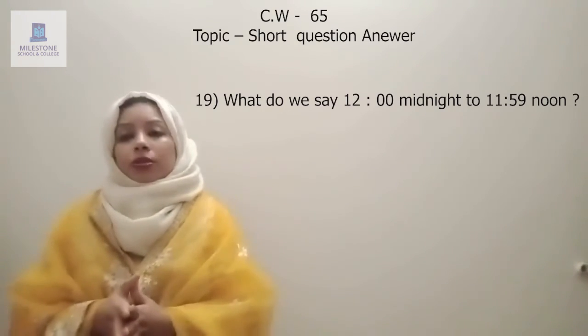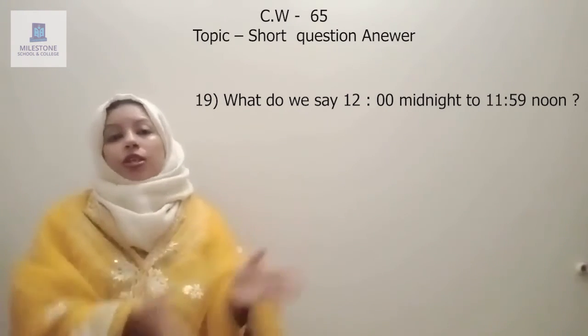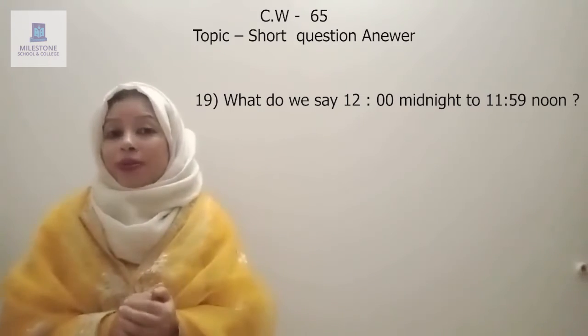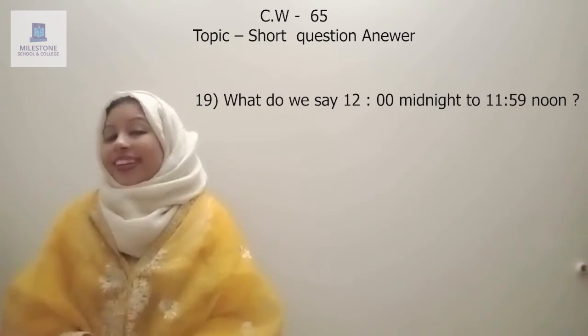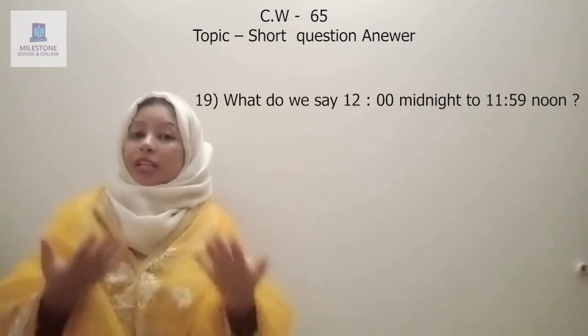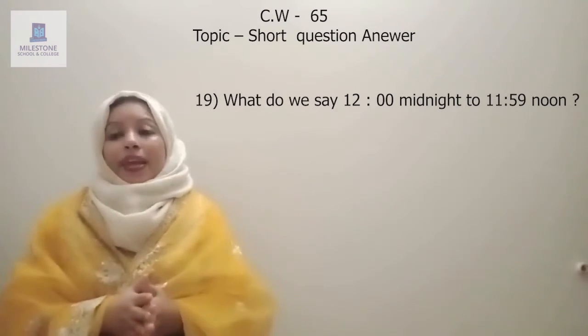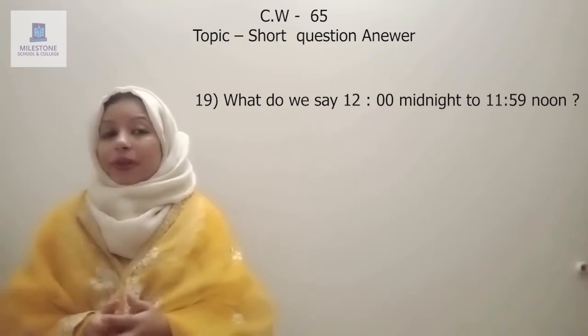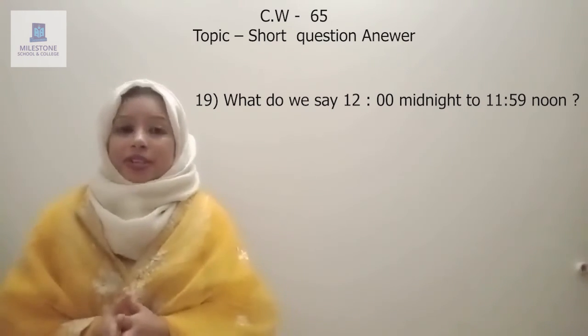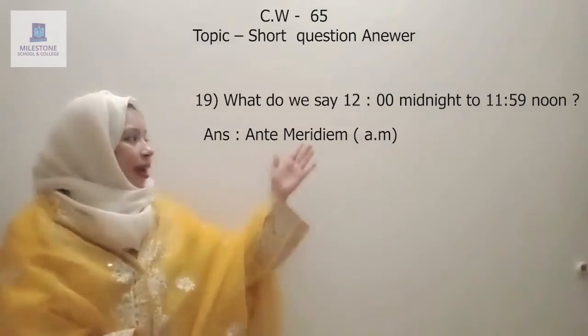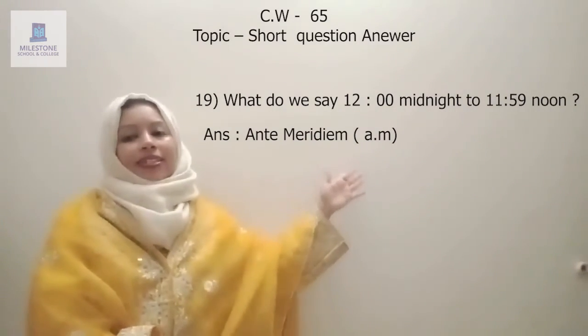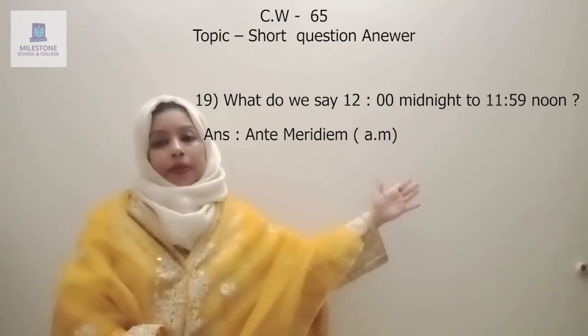So always from the midnight to noon, we use the word what? PM? No. In that time, when we express the time, we have to say AM. And AM means what? What is the elaborate form? Antimeridian. Okay. So our answer is antimeridian.